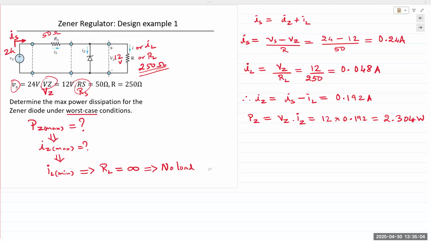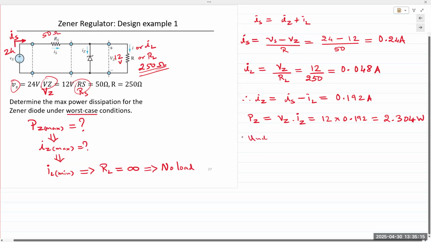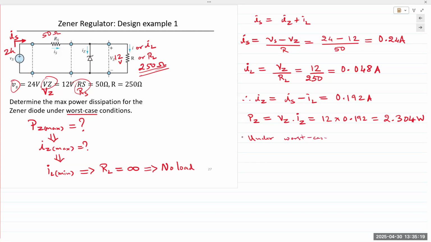All right, so now we plug in the worst case scenario. What does this worst case scenario mean? IL is equal to 0. So IZ would be equal to IS, which is 0.24 amps, meaning all of the current is going through the Zener diode.